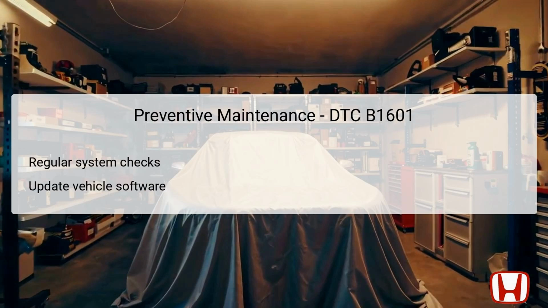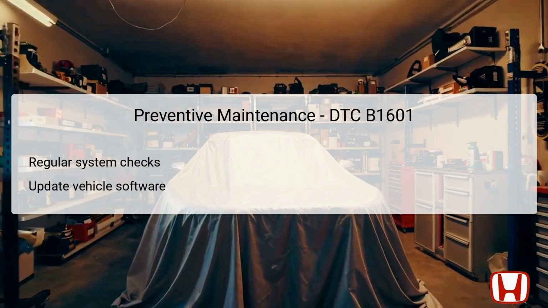To prevent future occurrences of DTC B1601, implementing routine preventive maintenance is vital. Regular system checks can help catch potential issues before they escalate into significant problems, particularly concerning the BCM and keyless access components.